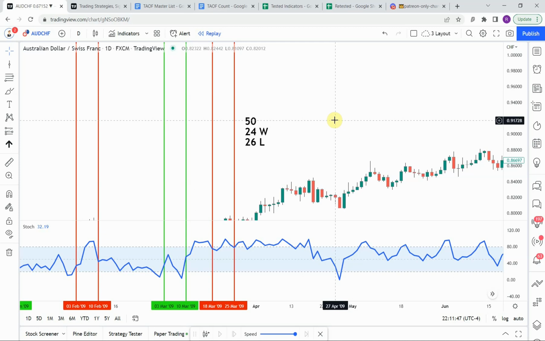Out of those 50 trades, we had 24 winners and 26 losing trades. Obviously that is not going to meet the 60% criteria that we are looking for. This will be the first indicator out of the retest process that hasn't met that 60% criteria.